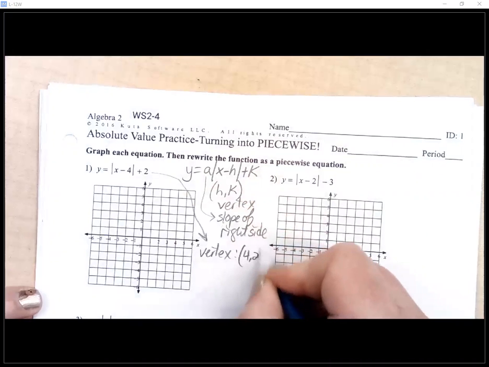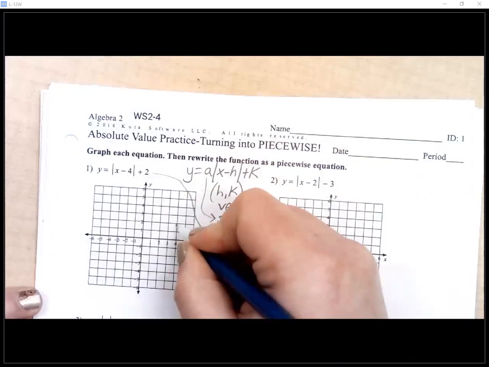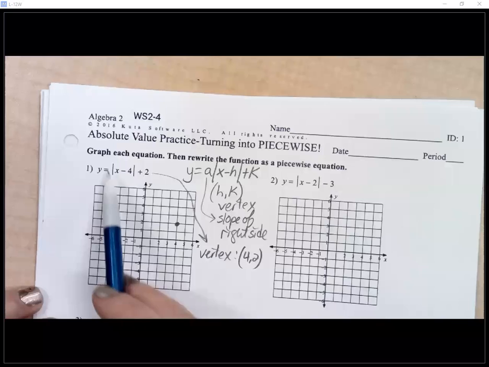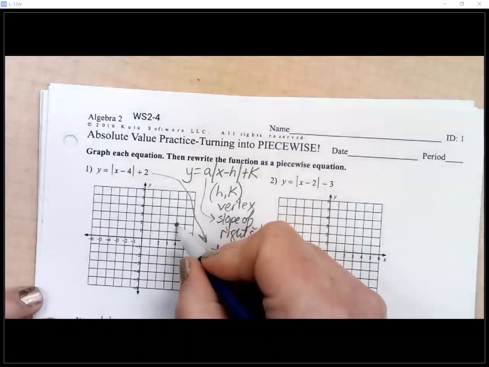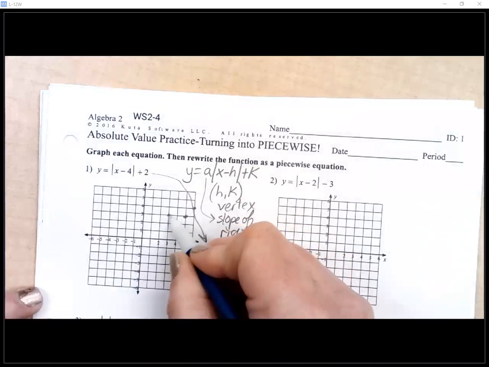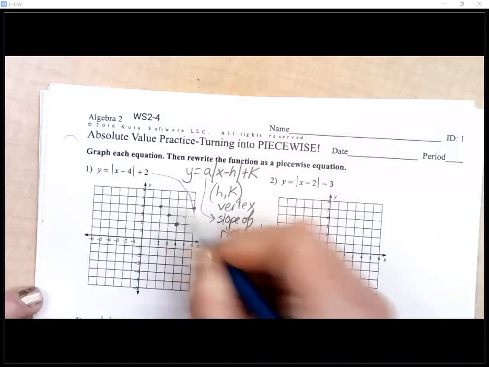So I'm going to start my graph at 4, 2, and then where does it go? What's my slope of that right-hand branch? Just a 1, right? If there's no number in front, it's just a 1. So from here on the right-hand side, I'm going to go up 1 over 1. And then remember to do the left-hand side, I just mirror it over. So there is the graph.